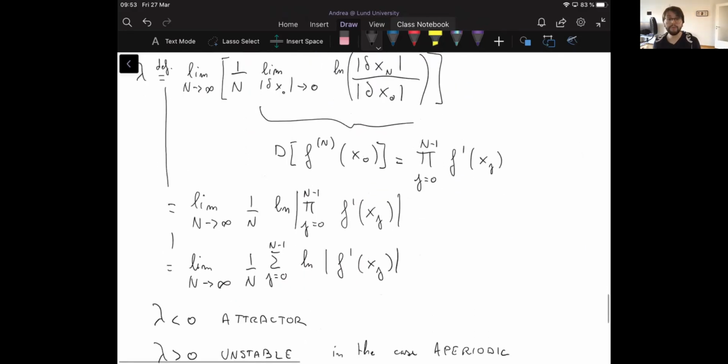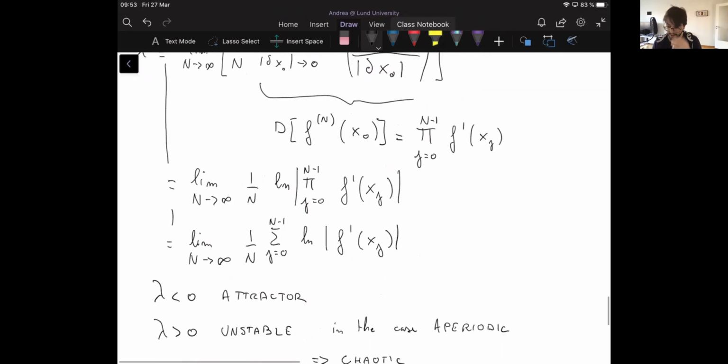But we've seen with this very quick and maybe a little bit dirty demonstration that it corresponds to tracking the iteration one by one.